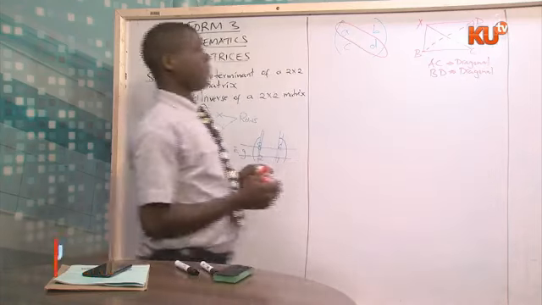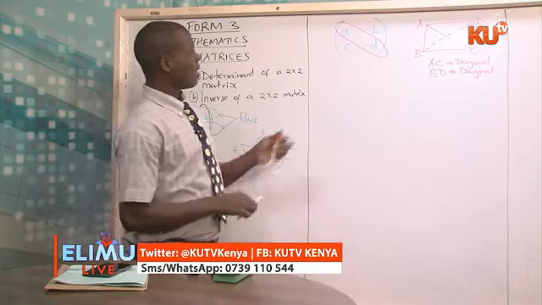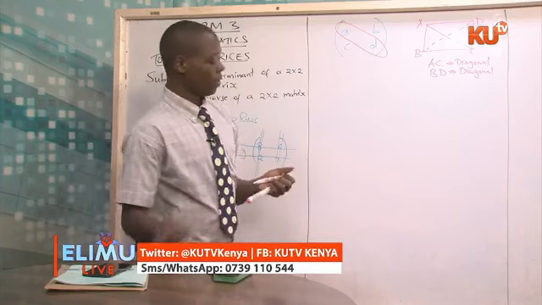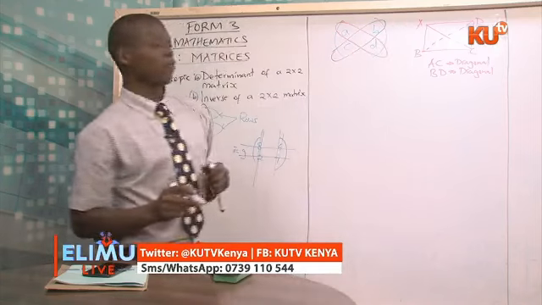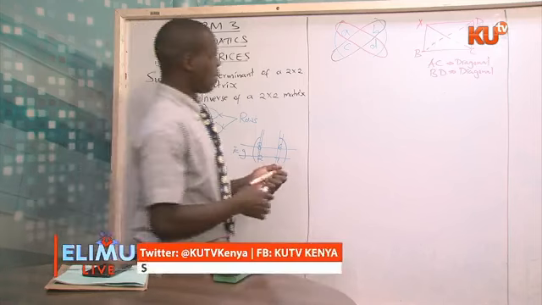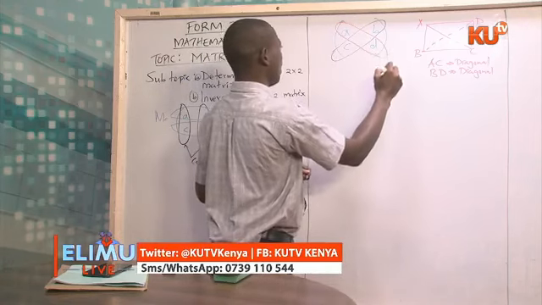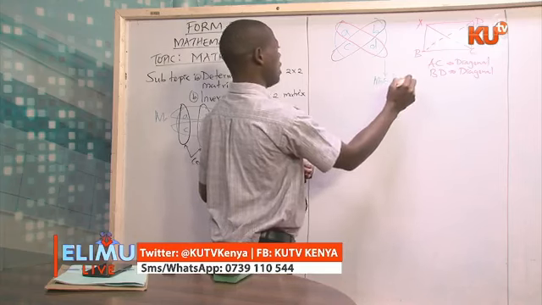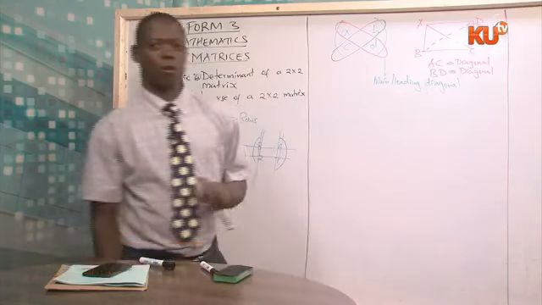That is in a quadrilateral. But in our case in matrices, the elements A and D are in diagonal form. Equally, elements B and C are also in diagonal form. So how do we refer to these diagonals in matrices? The diagonal running from the left to the right is what we call the main or the leading diagonal.